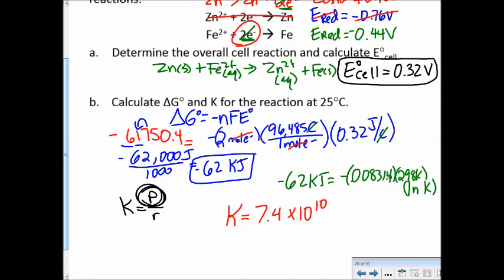So lots of products being created. That K value does match our other two, negative delta G and our positive cell potential. E cell's pretty big, but still running in a spontaneous forward reaction where we're creating products, no backtracking really occurring here.